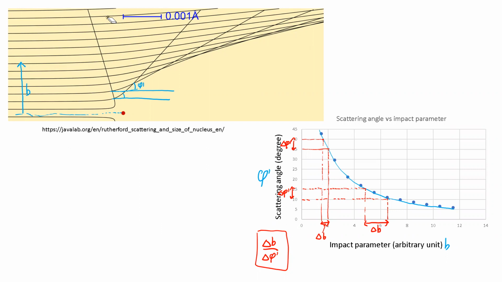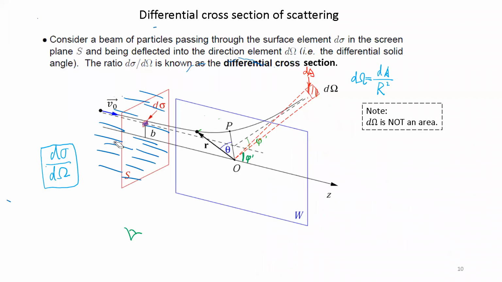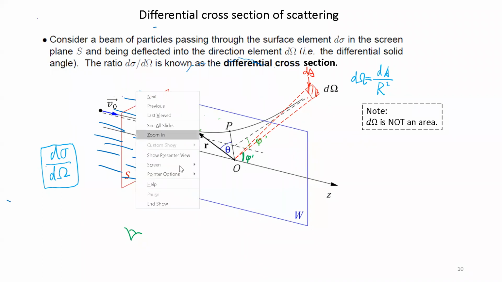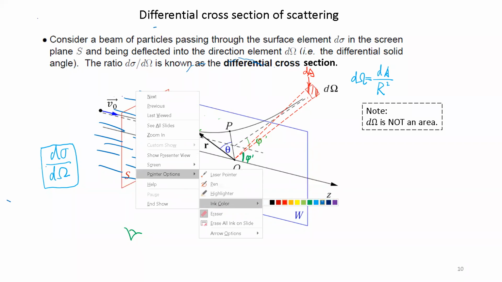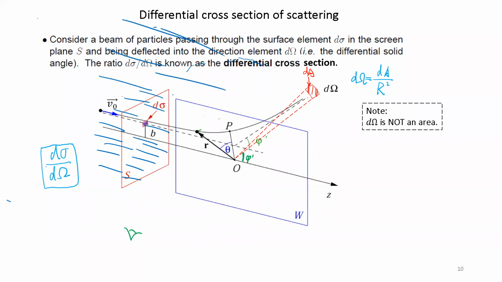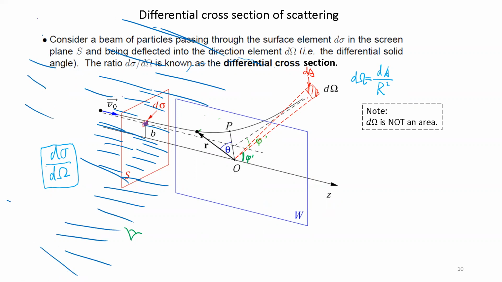Okay. So you could imagine that if you keep increasing the area of your beam, of your particle shower, the area of your particle beam will be something like this, right? However, eventually you'll find that the particles in the outer area won't be scattered at all.